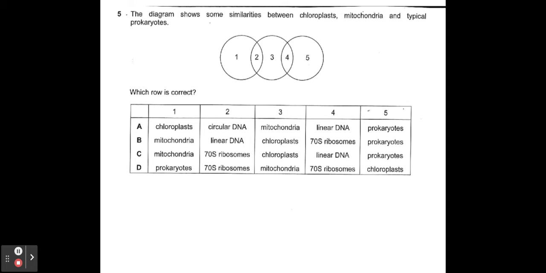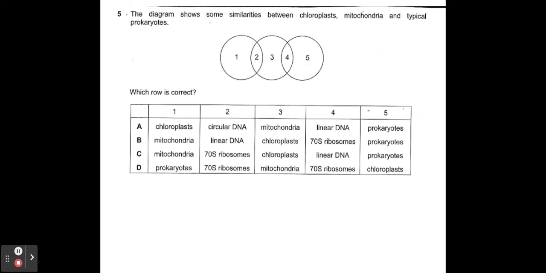Here's a typical exam question when it comes to prokaryotes and eukaryotes and different cell components. Now, before you take a look at something like this, it's really important that you know that chloroplasts and mitochondria have evolved from prokaryotes. So therefore, the internal structure of a chloroplast and a mitochondria will be similar to that of a prokaryote.